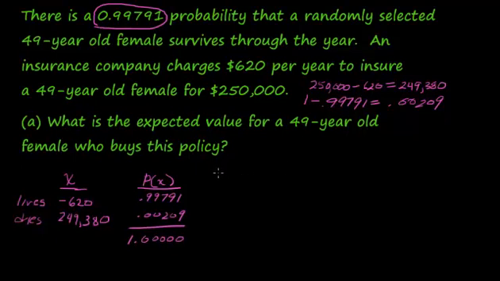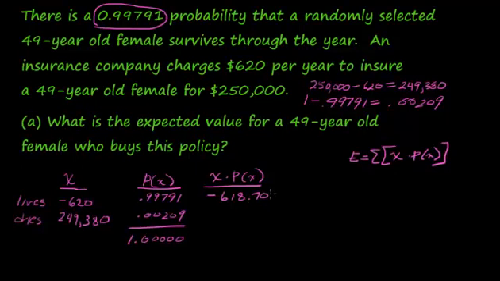To find the expected value, recall that we take the sum of each outcome times its probability. The easy way to do that is to set up another column where we take the outcomes times the probabilities, and then the sum of that column gives us our expected value. Multiplying across here, this is going to be a negative 618.7042.